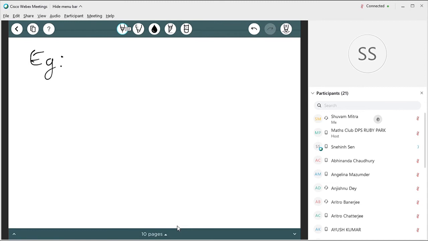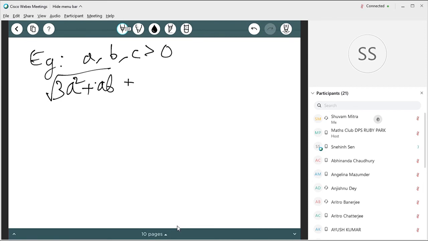We have to just prove the following inequality: root over 3a squared plus ab, again given a, b, c are greater than 0, plus root over 3b squared plus bc, plus root over 3c squared plus ca, is less than or equal to twice a plus b plus c.